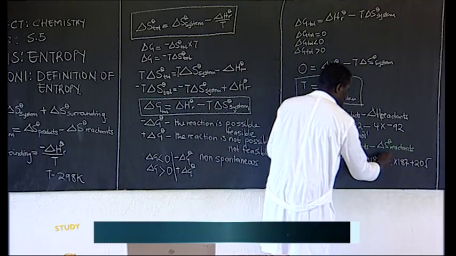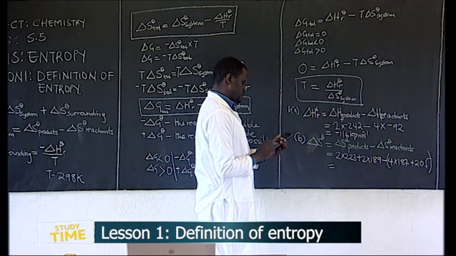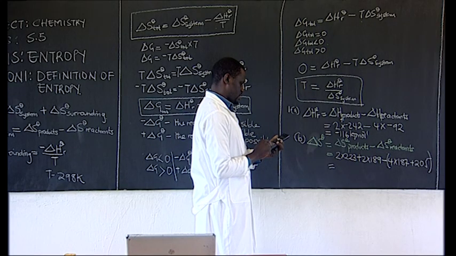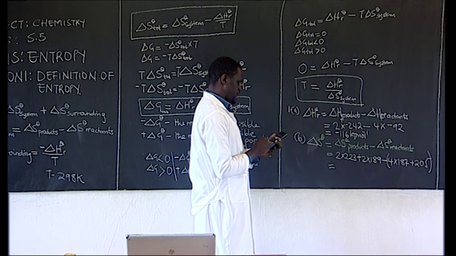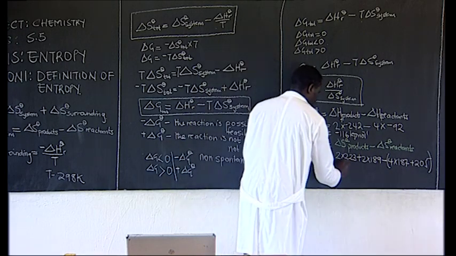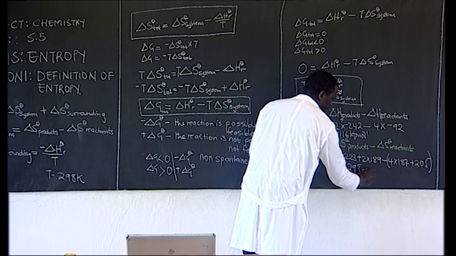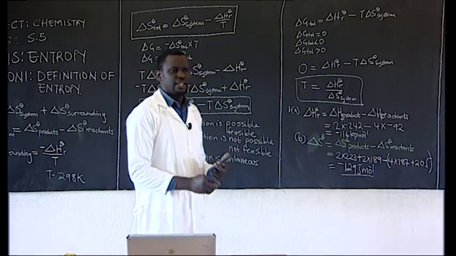It's good for us to put brackets here. So the entropy, all of them have values. They are not like heats of reaction, where we say that the enthalpy of formation for elements is 0. So we have negative 129 joules per kelvin per mole. All our values are actually negative.